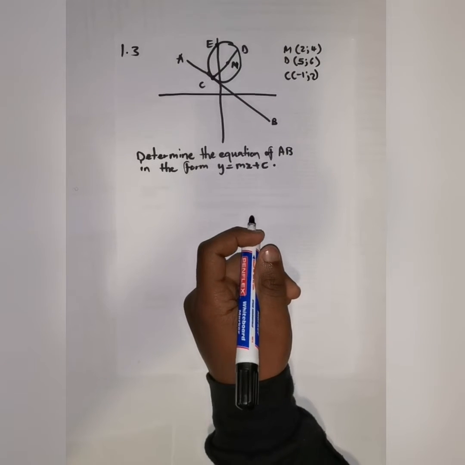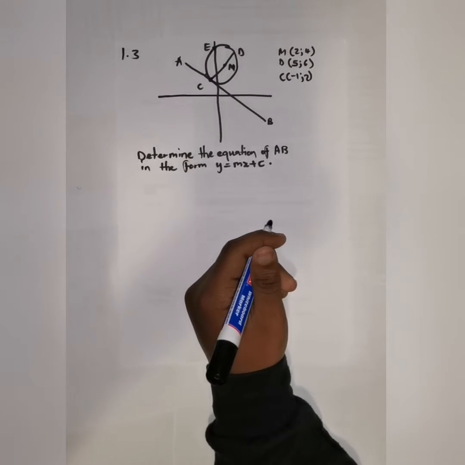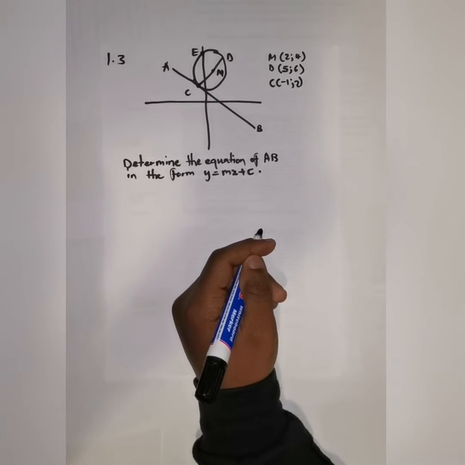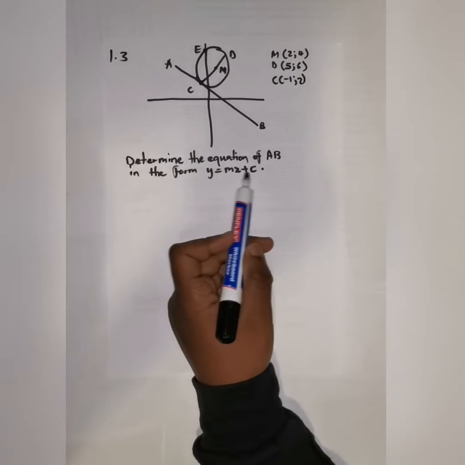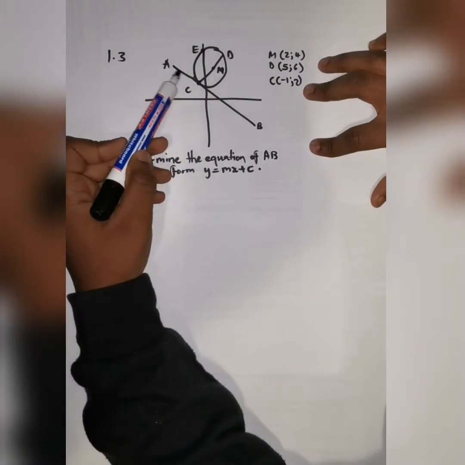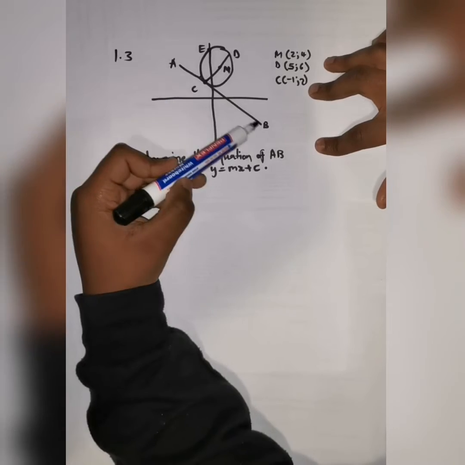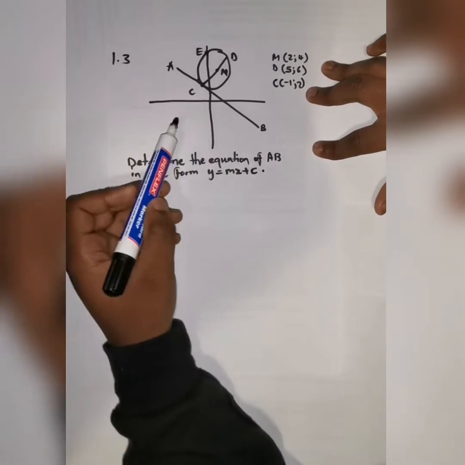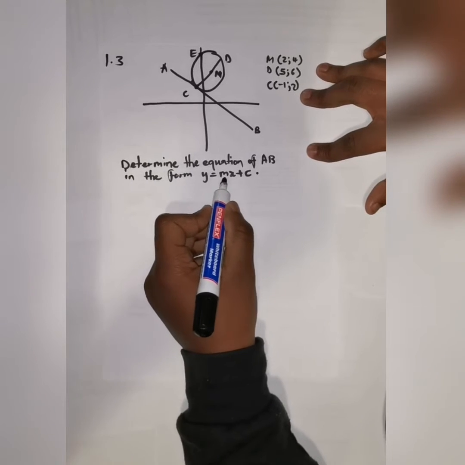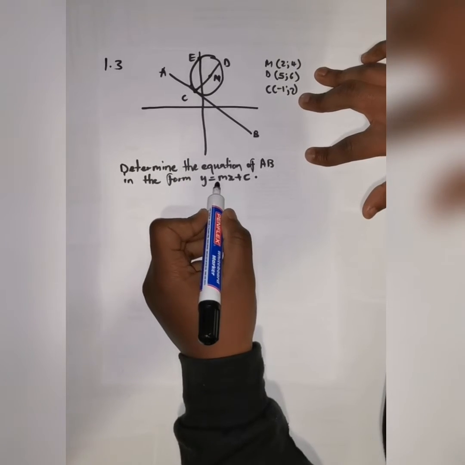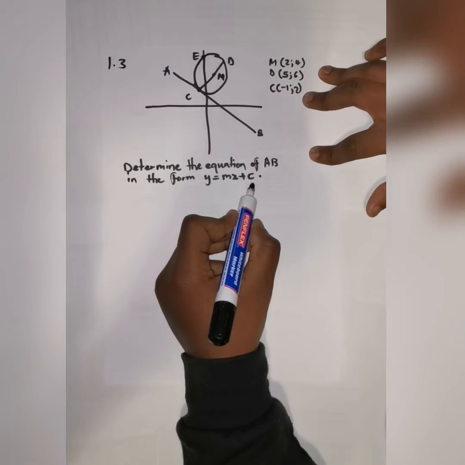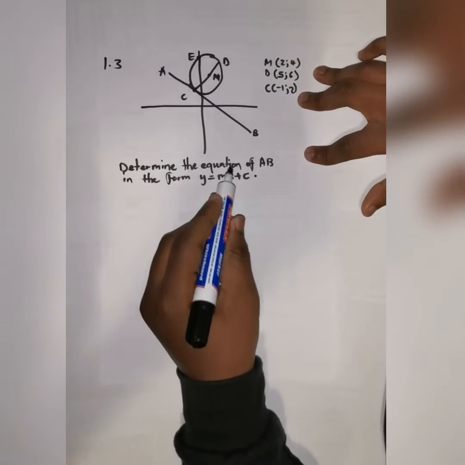For our third question, we are asked to determine the equation of AB in the form y = mx + c. This is the straight line equation. As you know, to determine the equation of a straight line, we need m, which is the gradient, and another point on the straight line.